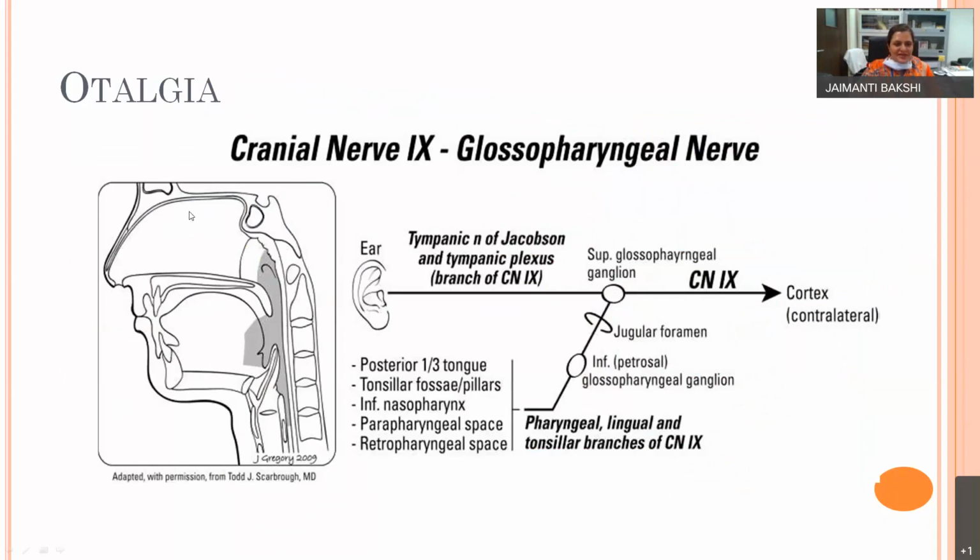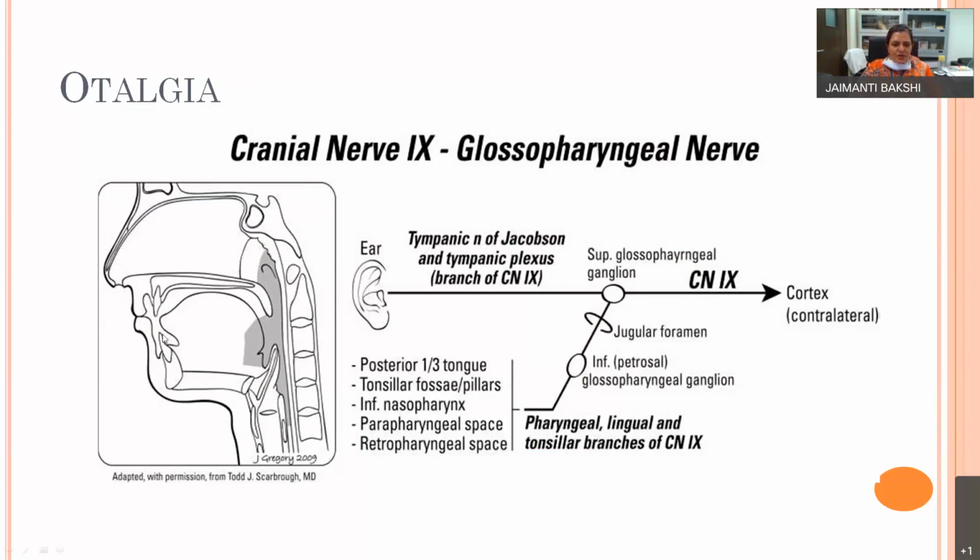This picture explains the mechanism of otalgia in patients with oropharyngeal cancers. As you know, the oropharynx is supplied by the glossopharyngeal nerve. The glossopharyngeal nerve gives the tympanic nerve of Jacobson, and it forms the tympanic plexus on the promontory.